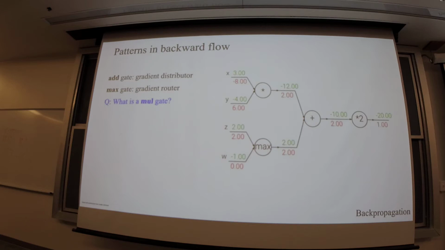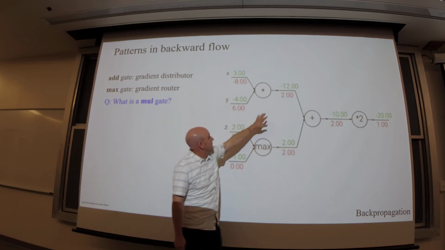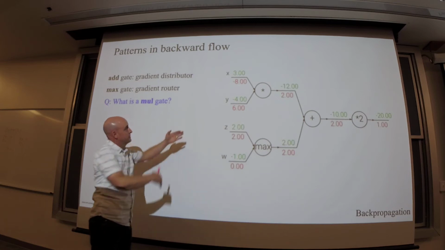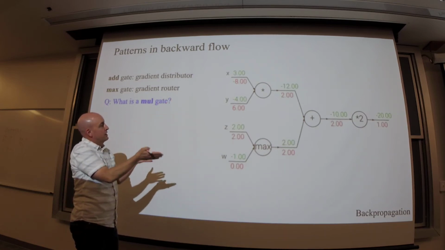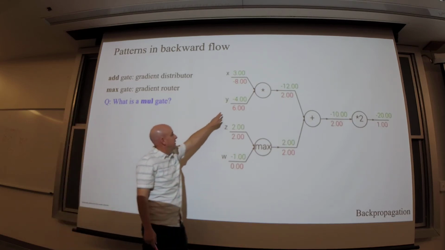Yeah, it's like a switch, right? It's a switch that depends on the state. Because the derivative of the product with respect to the first argument is the second argument, it matters what the value here is.